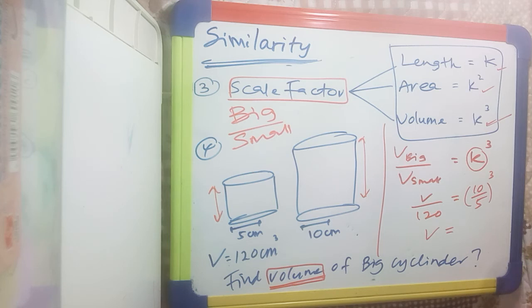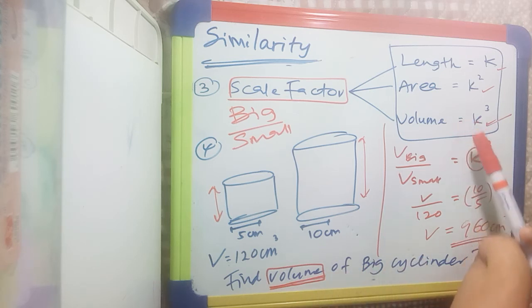Okay, so multiply by 120, so you will get 960 cm cube. So this is the volume of the big cylinder, without using the formula of the volume of the cylinder. Just use the scale factor thing.